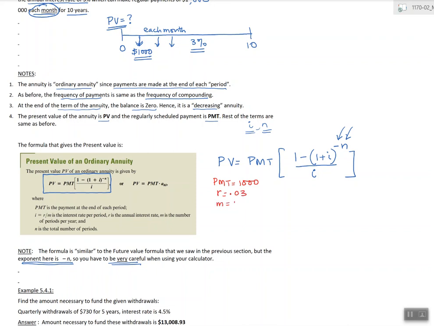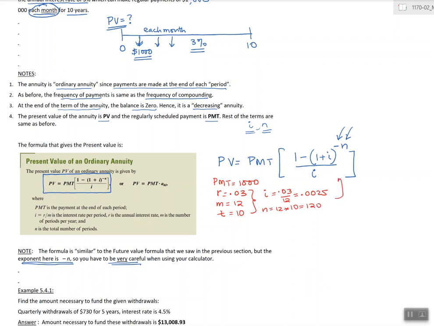M is 12 because we are withdrawing every month, and time is 10 years. So from here our I is 0.03 over 12, which is 0.0025, and N is 12 times 10, which is 120.